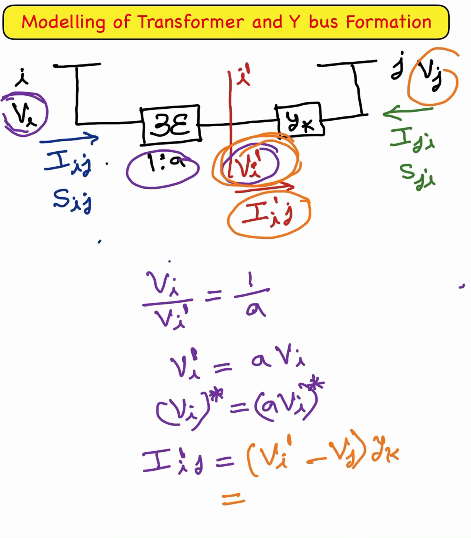What is the value of VI dash? You know that it is A VI. So you can write (A VI minus VJ) into YK, that is the value of I dash J.